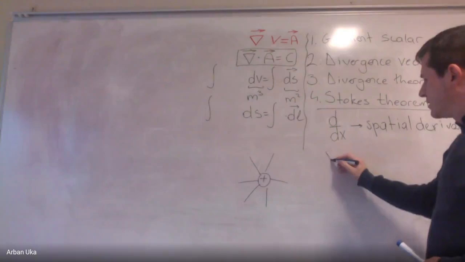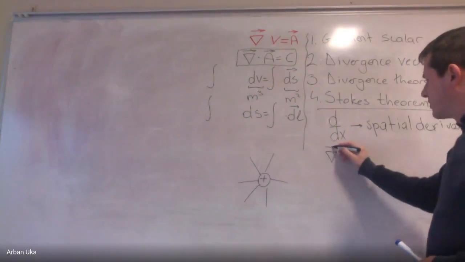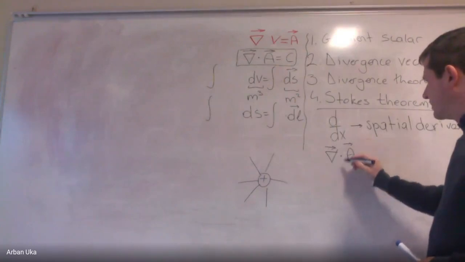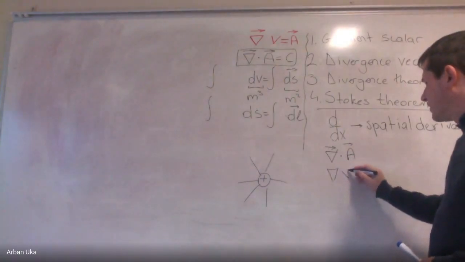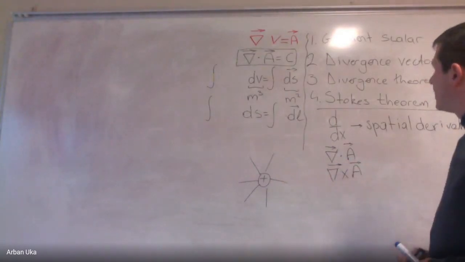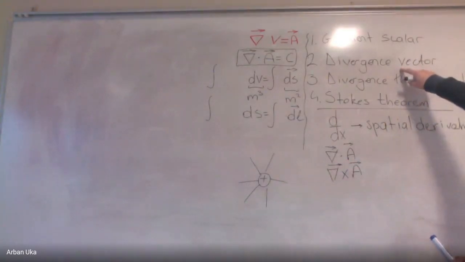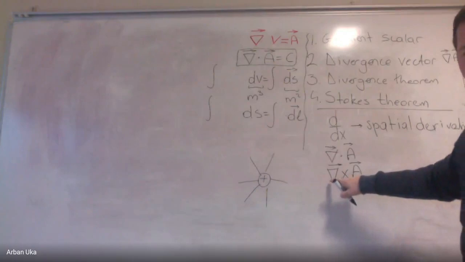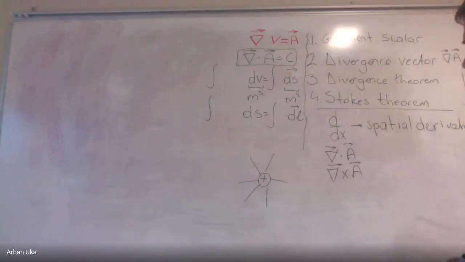The del operator is this, we already know this one, and we find the divergence of a vector field, and we can also define the curl of a vector field. So the divergence of a vector, we see right here. We did this one last time together. We have not done the curl of a vector field.